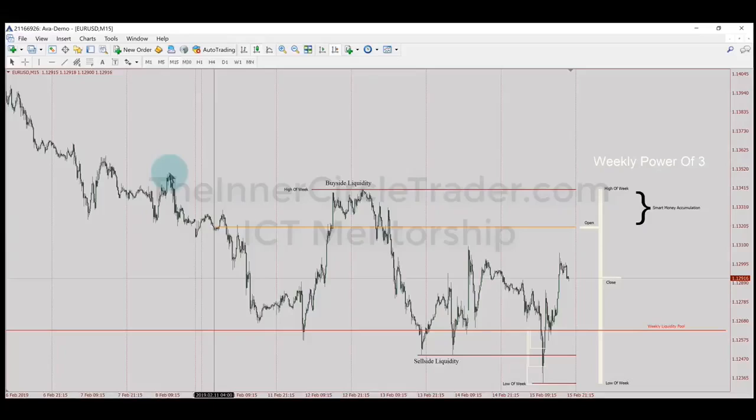COT data, Commitment of Traders reports. What is that? It's showing you the relationship between the large pools of liquidity being held by the large funds. Who gave those positions to them? The counterparty is the commercials, the large institutions, the banks, the producers or manufacturers of that market or commodity.